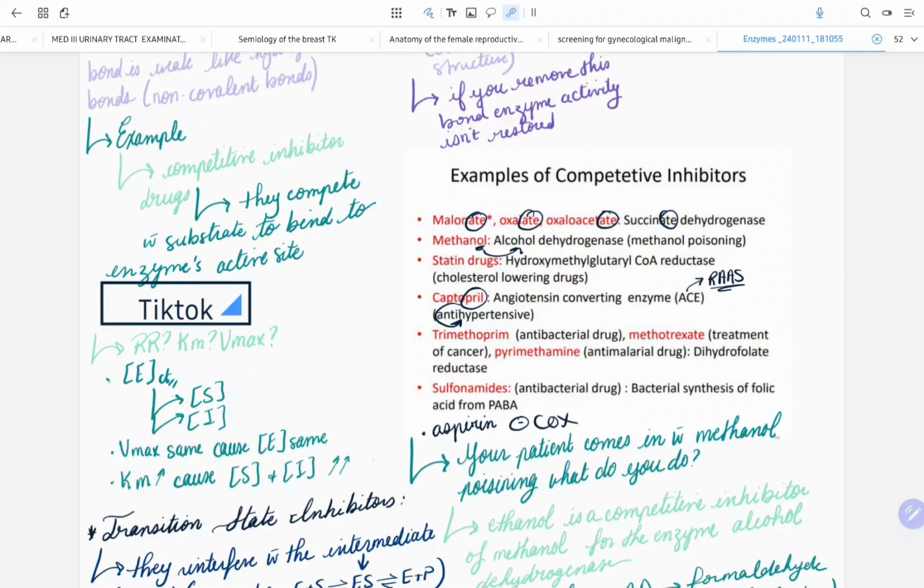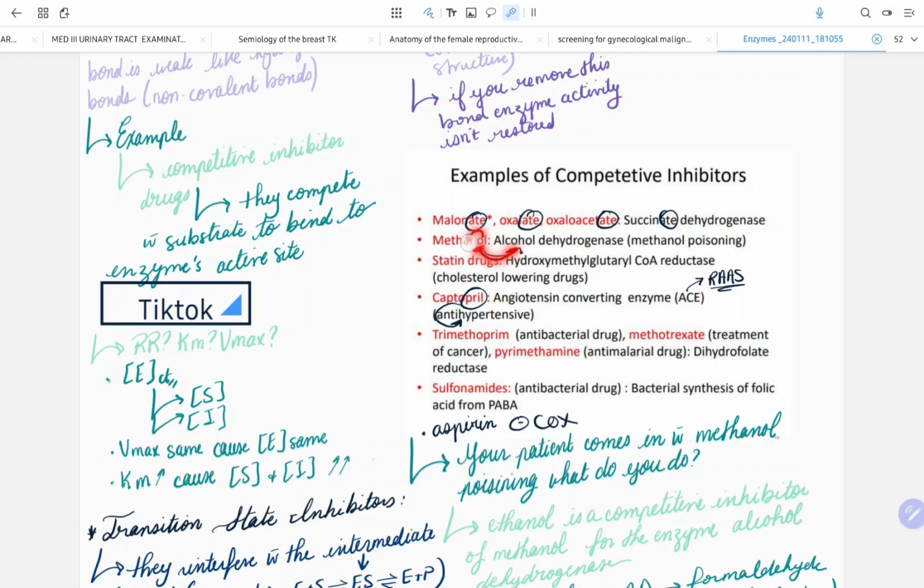Now, examples of competitive inhibitors. So this is not pharmacology. You're going to take these in pharmacology, but if your professor also emphasized these in class, then you should know them. So an easy way to memorize these is, for example, all of the ones that end with 8 are related to succinate.